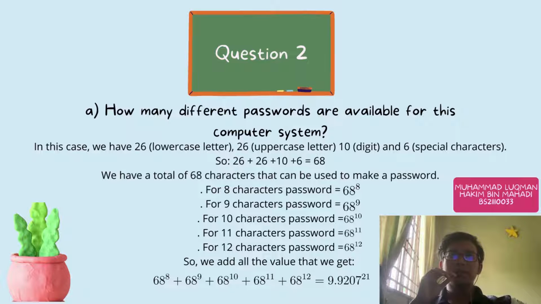So for 8 characters, we take 68 to the power of 8. And for a 9 character password, we take 68 to the power of 9, and so on until a 12 character password, and we add all the values and we get 9.9205 times 10 to the power of 21.